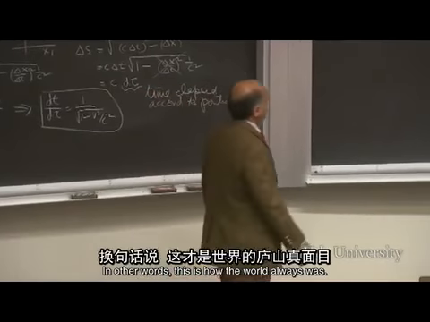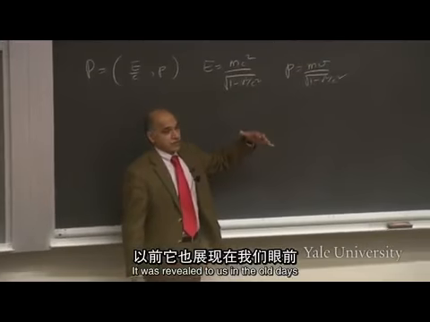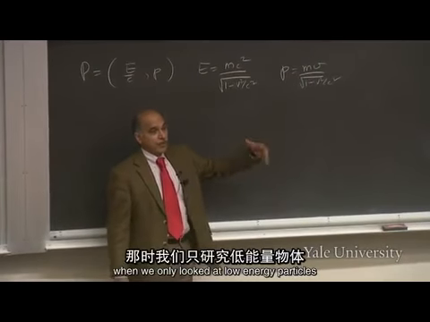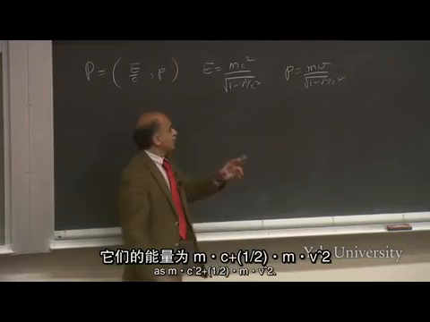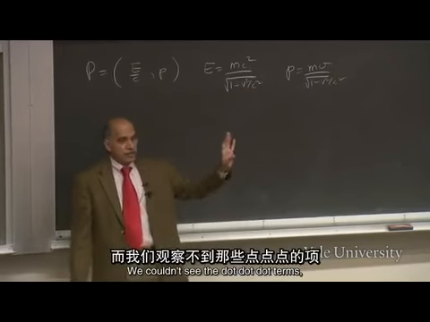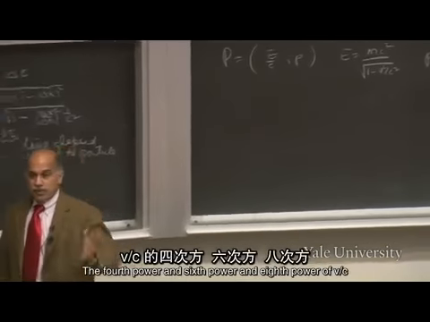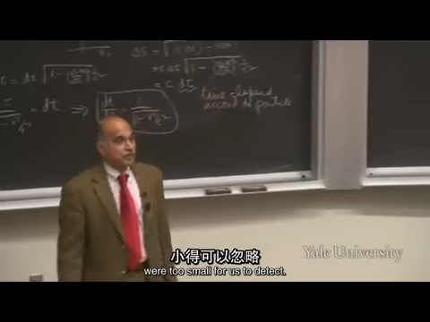In other words, this is how the world always was. It was revealed to us in the old days, when we only looked at low energy particles, as mc squared plus 1/2 mv squared, and we couldn't see the remaining terms because v over c was so small. The 4th power and 6th power and 8th power of v over c were too small for us to detect.